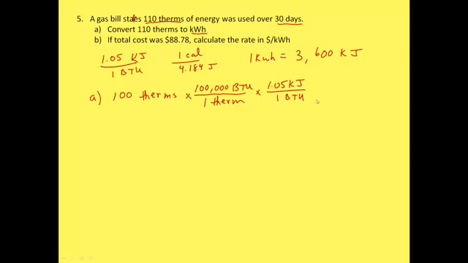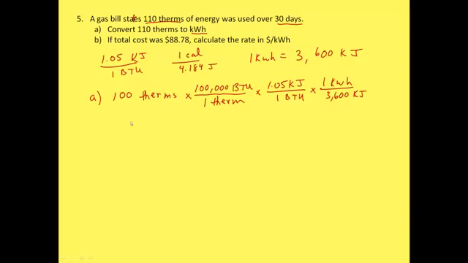And at least that gets us into kilojoules. And then we've got to multiply this by 1 kilowatt hour for every 3,600 kilojoules as another conversion factor.